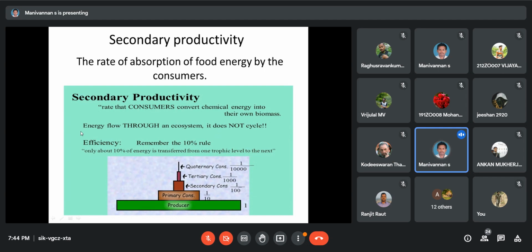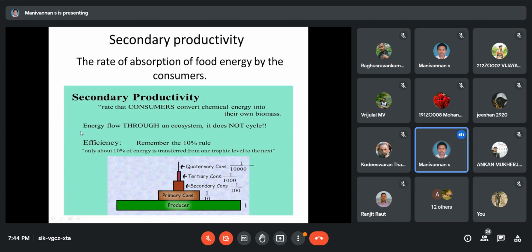Okay. What is the efficiency of the transfer of the energy? The energy transfer from one trophic level to another trophic level follows the 10% rule. What does the 10% rule mean? The energy transfer from one trophic level to the next trophic level transfers only 10% of the energy. That is called the 10% rule.